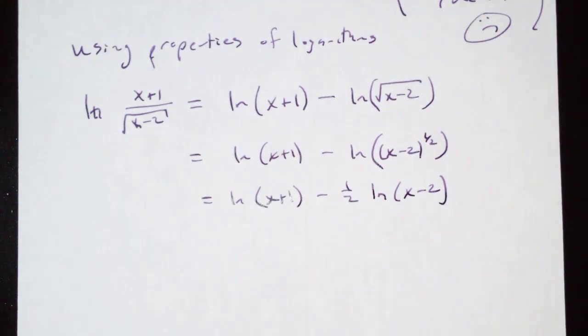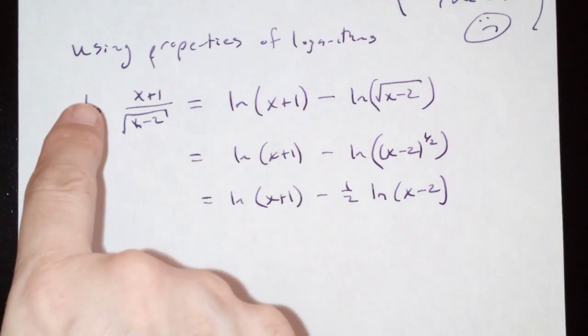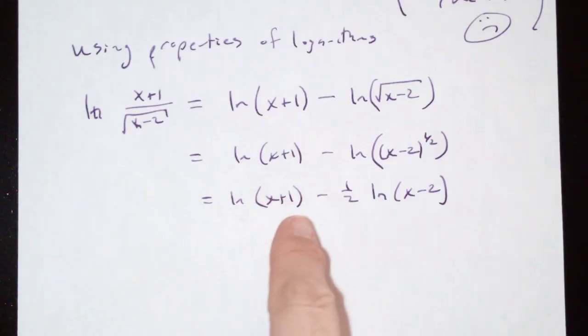So 2 steps. One to rewrite it as a power, and one to pull that power out front. If I want the derivative of this, I could just as easily take the derivative of this.